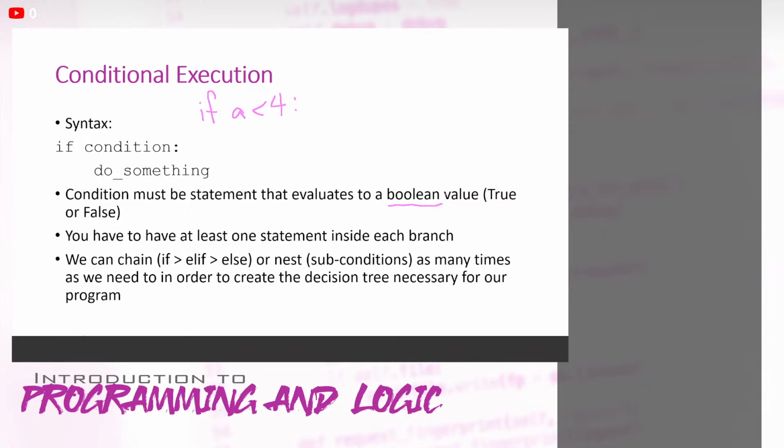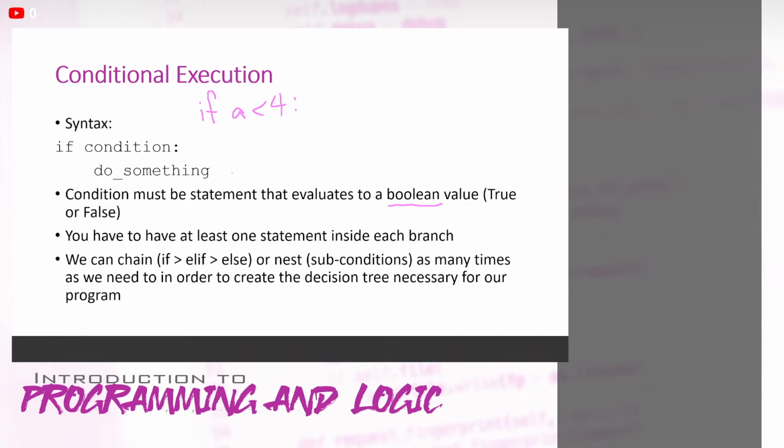And we have different types of conditionals that we could use here. We have a chained conditional, which is where we do if, else if, else if, else. We can do as many of them as we want.